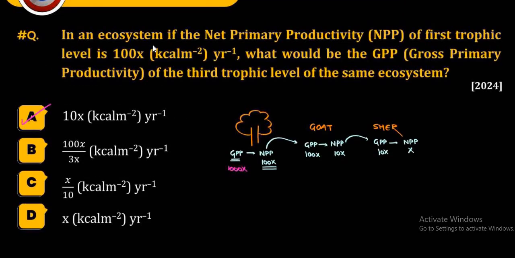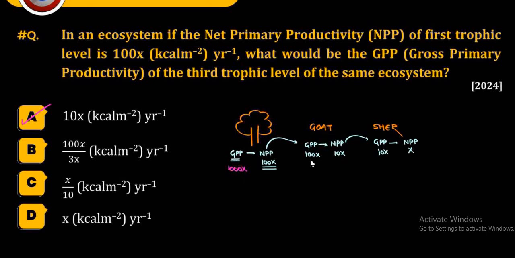Next question. In an ecosystem, if the net primary productivity NPP of the first trophic level is 100x kcal m^-2 yr^-1, what should be the GPP, gross primary productivity, of the third trophic level of the same ecosystem? First trophic level: GPP 1000x, NPP 100x.